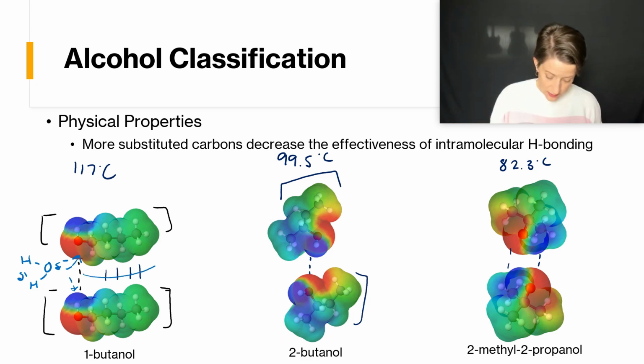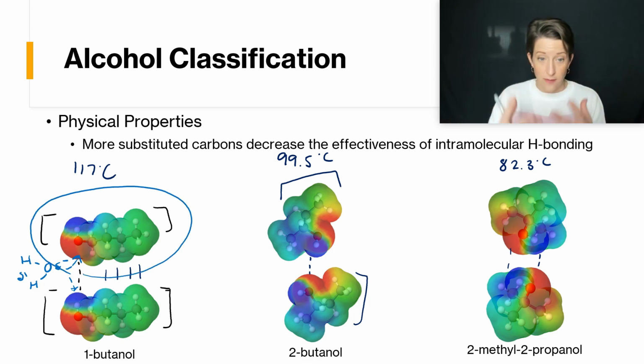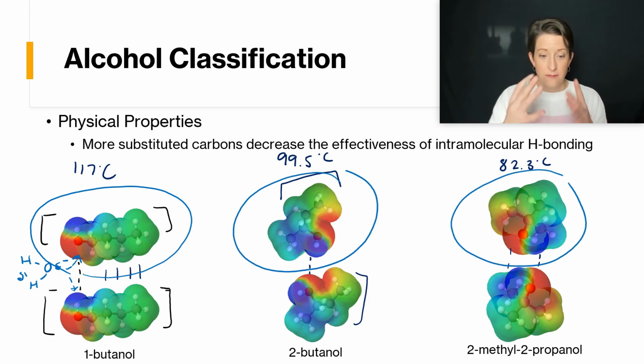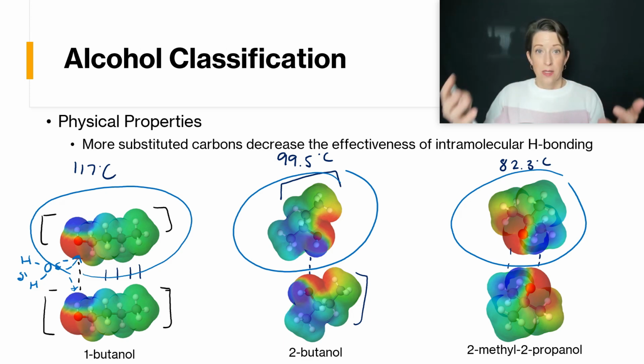So the water molecules need to surround or solvate around those alcohols. So as they become more spherical, the less energy is required to disrupt the intermolecular forces, and the easier it is to put those compounds into solution.